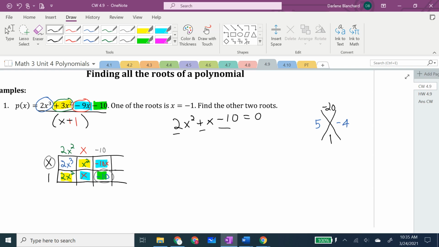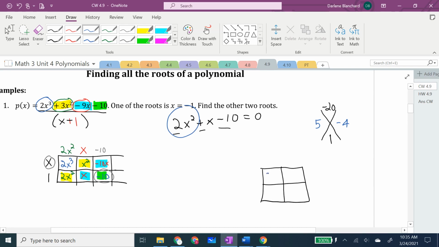That tells me how to break up the 2x squared and the constant, and then that leftover x is found by doing a 5x and a negative 4x adding together.